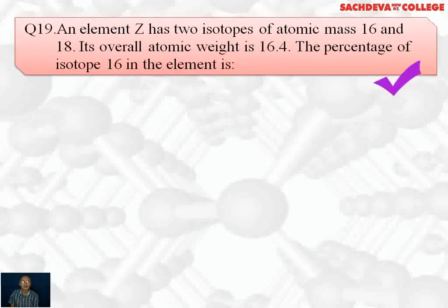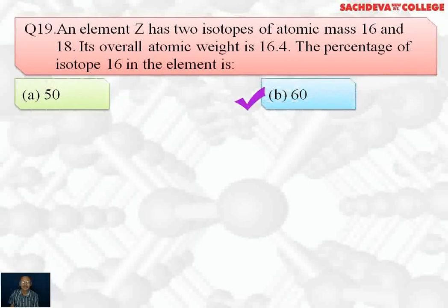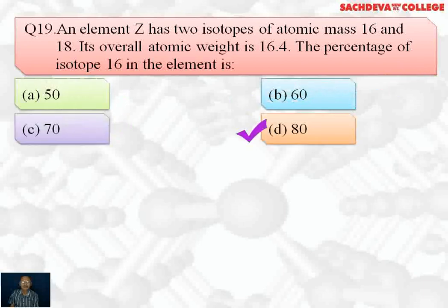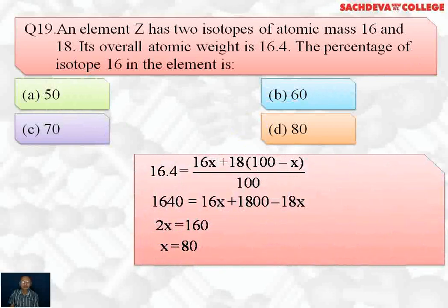Next question, an element Z has two isotopes of atomic mass 16 and 18. Its overall atomic weight is 16.4. The percentage of isotope with atomic mass 16 in the element is A part 50, B part 60, C part 70, D part 80. How to solve it? Average is 16.4. Let's take 16 isotope is x.